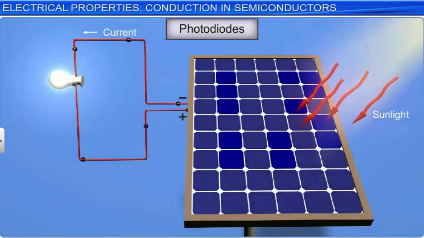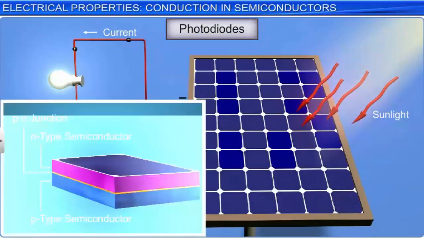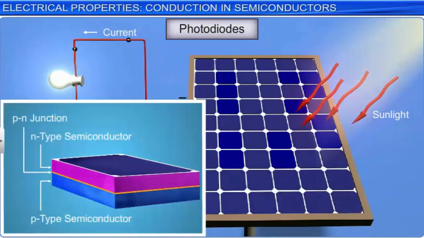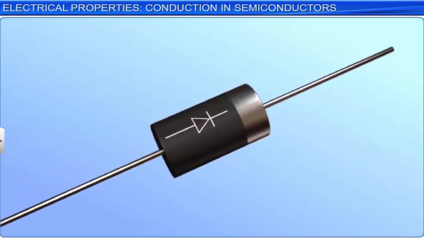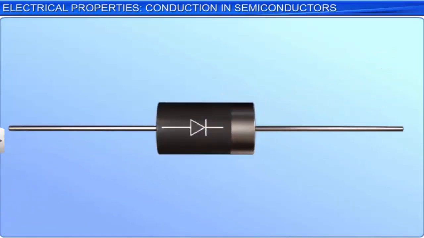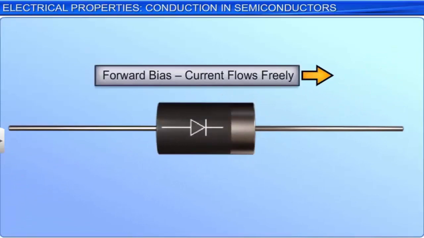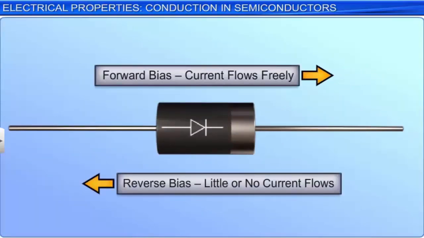The common, traditional solar cell used to generate solar power is actually a large area photodiode. It is important to note that in a diode, current can flow in one direction only, but not in the other, and this forms the basis of digital electronics.